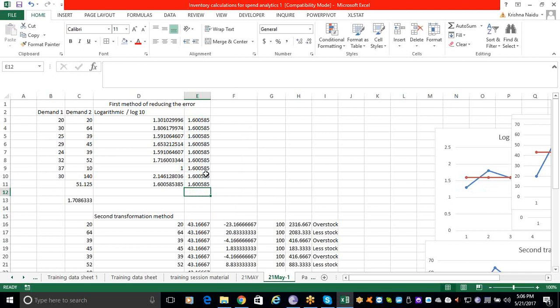We found it. So what is the anti-log? What is the actual prediction we have to do? Suppose if I have this, 1.600 is not the actual prediction. The anti-log means 10 to the power of this value is the actual prediction.